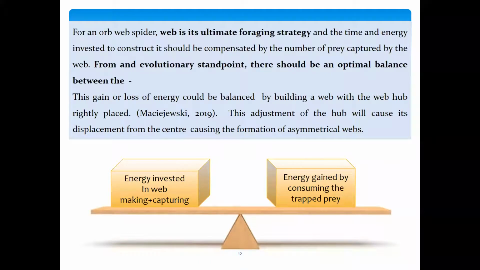But if we are making an optimal web so that we can compensate for the loss of energy and get more prey, in that case, we have to shift the hub. The hub may be shifted either to the upper portion or to the lower portion. So when we are shifting the hub to the upper or to a lower portion, we are displacing the hub, and this will result in the formation of what are called asymmetrical webs.